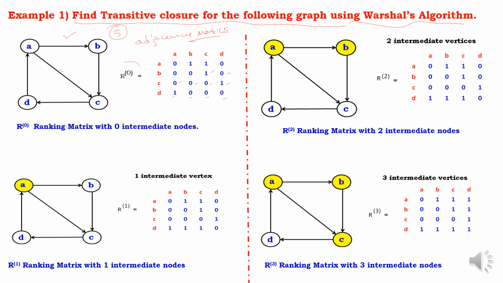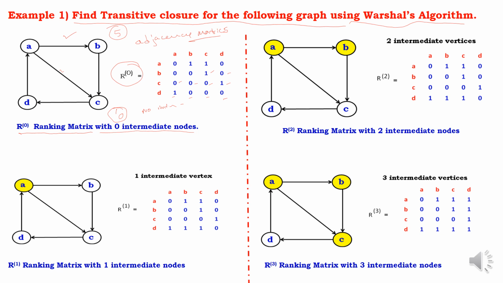So this is said to be R0, the direct ranking. It is the adjacency matrix, where there is an edge we represent it as 1, and where there is no edge we represent it as 0. R0 means there are no intermediate nodes.